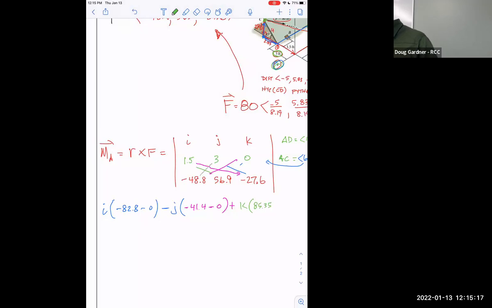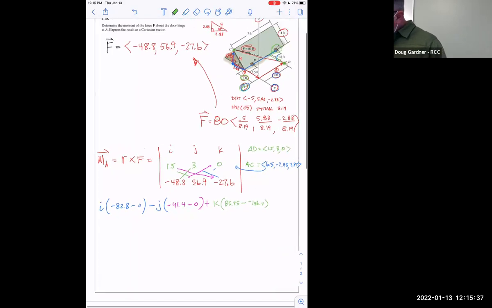And then 3 times negative 48. So it's always minus, but then 3 times negative 48.8. So that's a negative number. So that's negative 146.4. So that gives me negative 82.8 for my I, minus a minus.